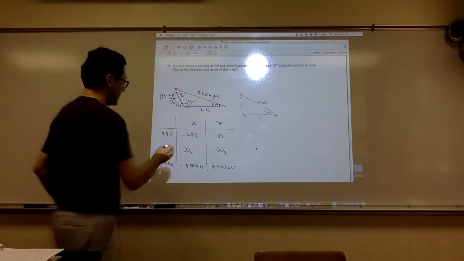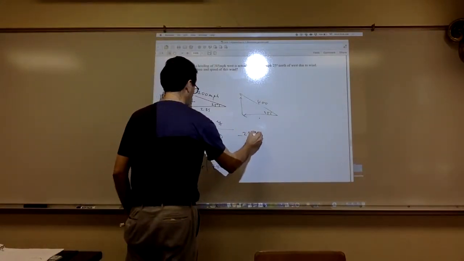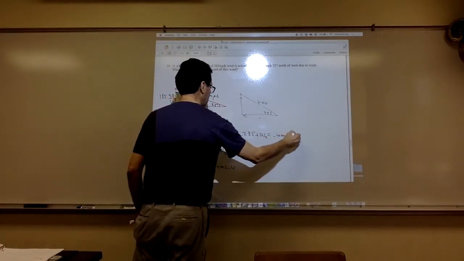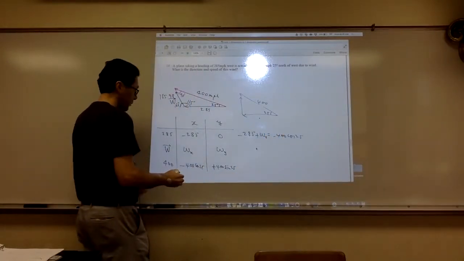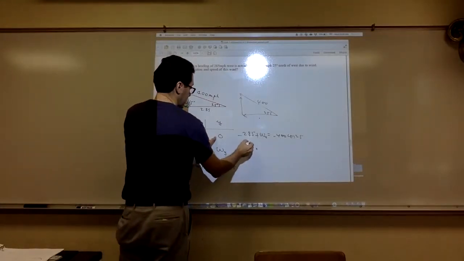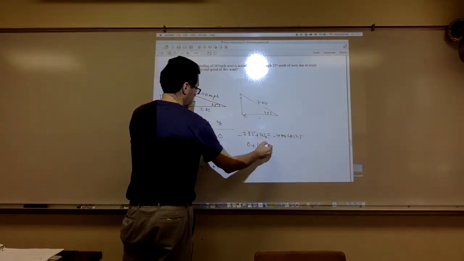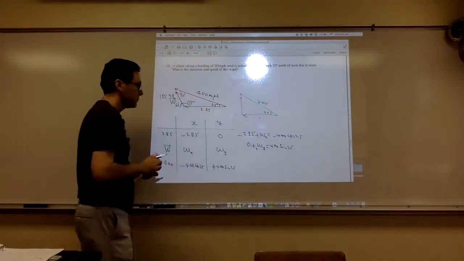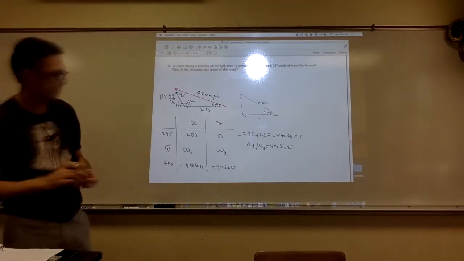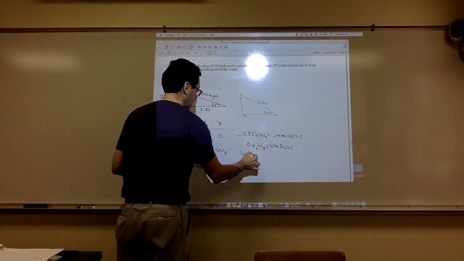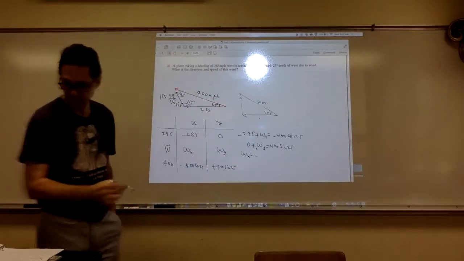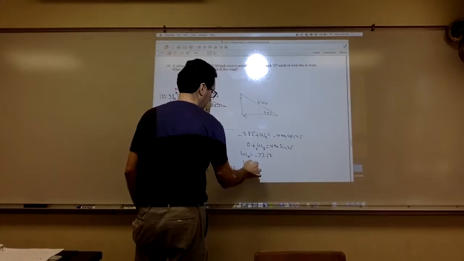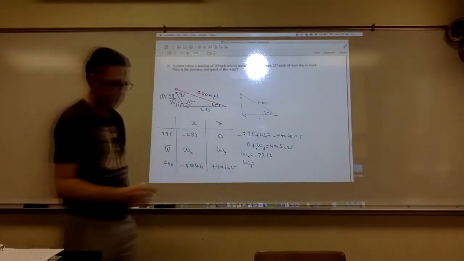Now basically, negative 285 plus Wx should be equal to negative 400 cosine of 25. And the other equation should be 0 plus Wy equals 400 sine of 25. Once you find the components, you get Wx is equal to negative 77.52 miles per hour, and Wy equals 169.05.